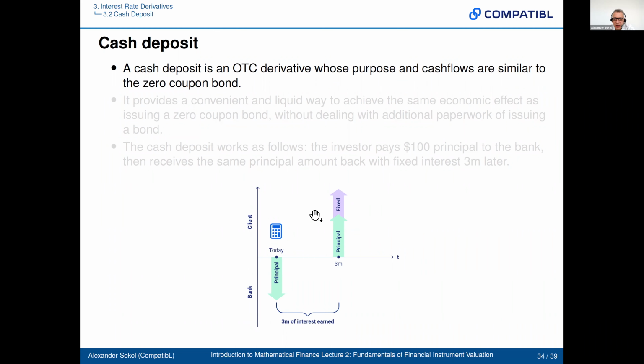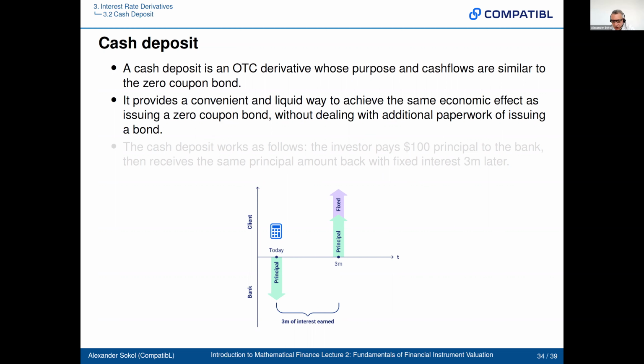This interest is fixed in the beginning. So you agree today what you would pay 3 months from now: you pay the principal of $100, and at the end of the 3-month period you receive back the principal of $100 plus a fixed interest amount, which you determine today. So it's just like the zero coupon bond.